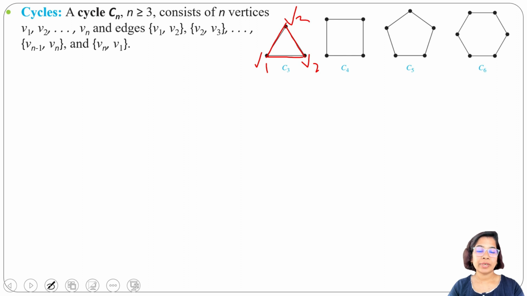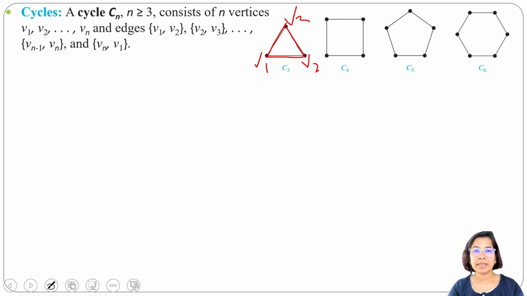Next C4, a cycle having 4 vertices, and every vertex has degree 2. Next C5, there are 5 vertices, every vertex has degree 2 and is adjacent to the next and previous vertex. Then C6, 6 vertices, and the degree of each vertex equals 2.